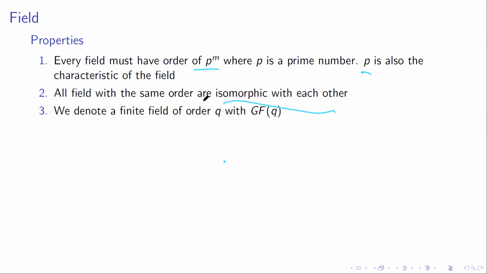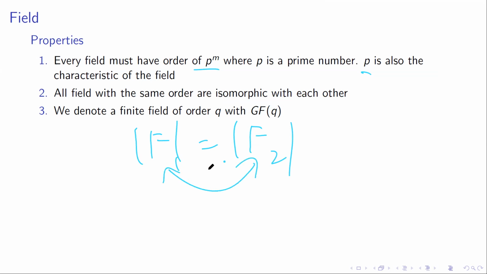So if I have two fields with the same order, then these two fields must be isomorphic. This is also a theorem. And we denote a finite field of order Q with this symbol, GF(Q), which means the Galois field of order Q.